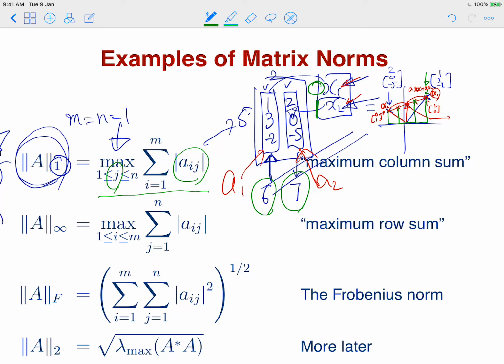And then summing up over all the i's, it will be the absolute sum of the elements of a particular column. And then we are picking the maximum column over here, right? That has the maximum L1 norm, or absolute sum of the elements of a column.